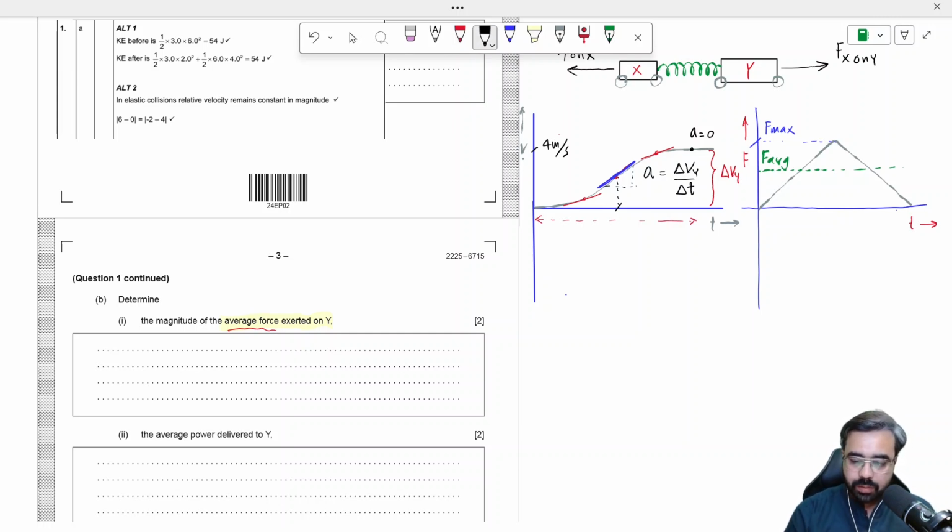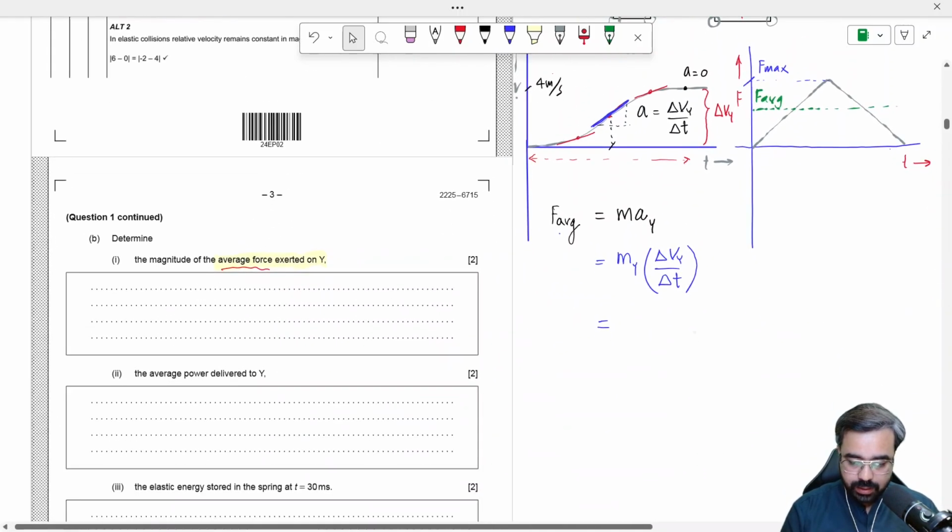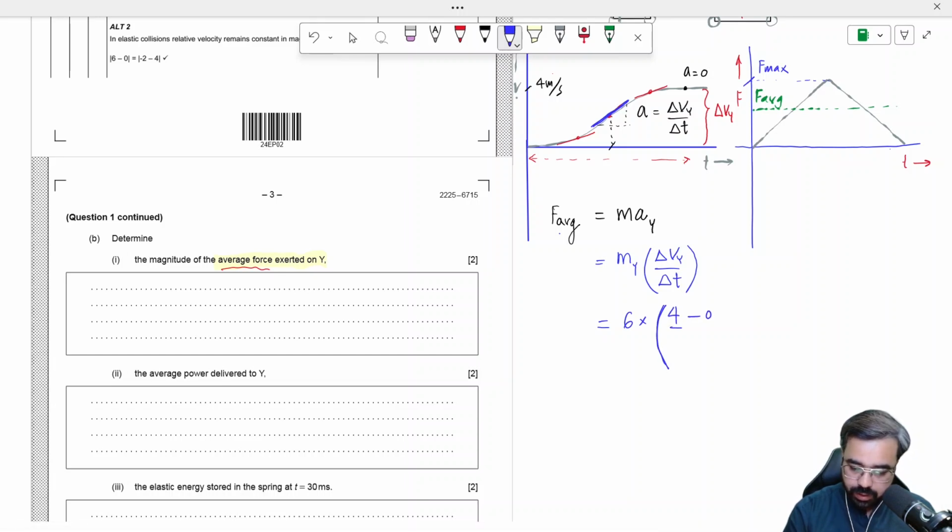So if I have to find the average force, it will be equal to m_y times delta vy over delta t. You know very well what the change in velocity is. The mass of y, dear students, is 6 kilograms, and the change in velocity is: final velocity 4, initial velocity 0.